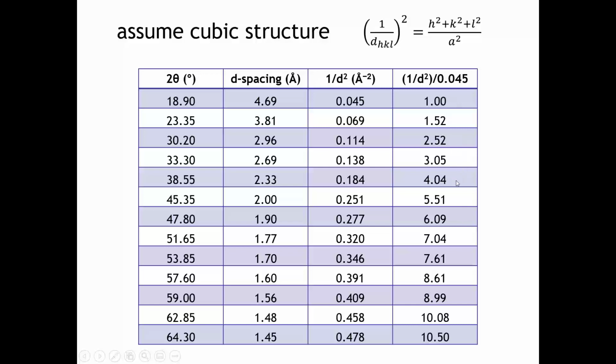We see a 1 and something close to 4 and maybe close to 3.7, well, 7 isn't one we normally see, but here's a 9. On the other hand, we have some that are close to a half. We could fix those by multiplying by 2. But then what about 7.61 or 6.09? What we're seeing here is there's no small integer that if we multiplied all these values by that integer would fix this problem. So it might not be a cubic crystal.